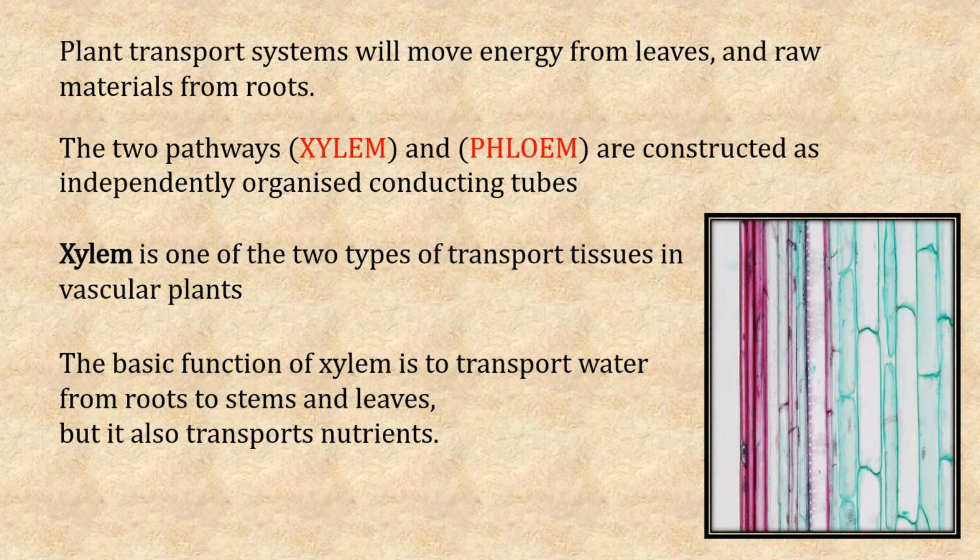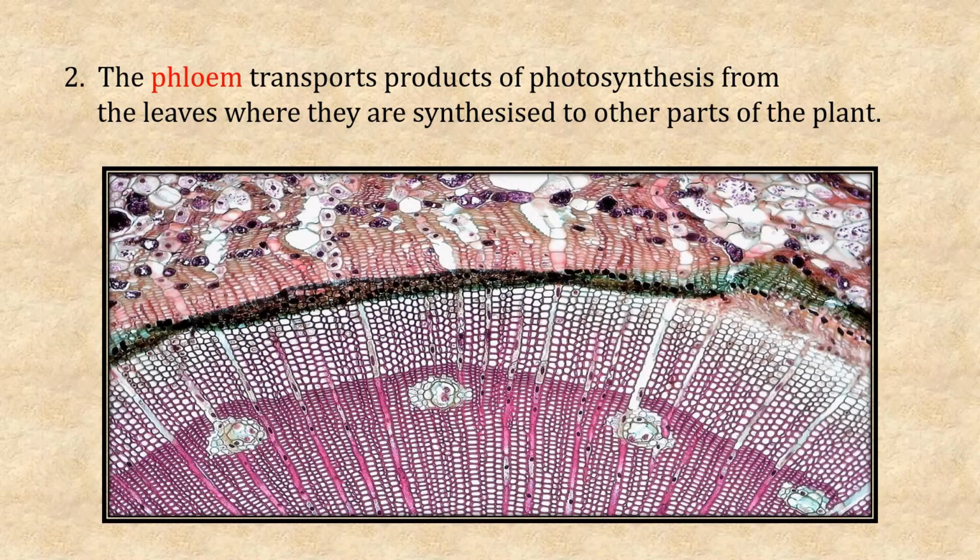The basic function of xylem is to transport water from roots to stems and leaves, but it also transports nutrients. The phloem transports products of photosynthesis from the leaves where they are synthesized to other parts of the plant. We will study about these two in detail.